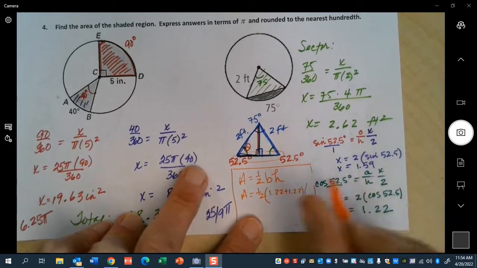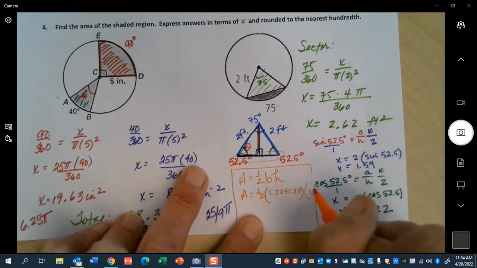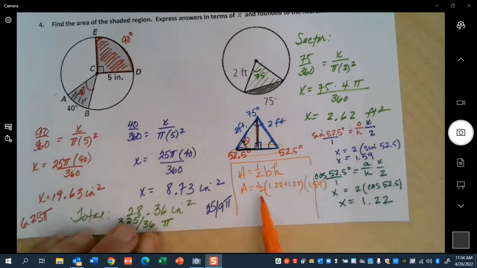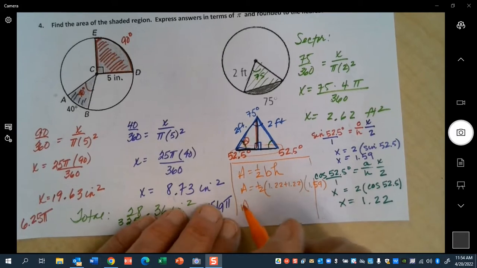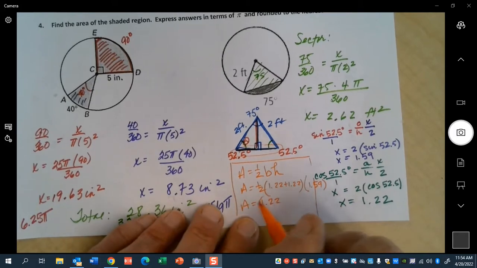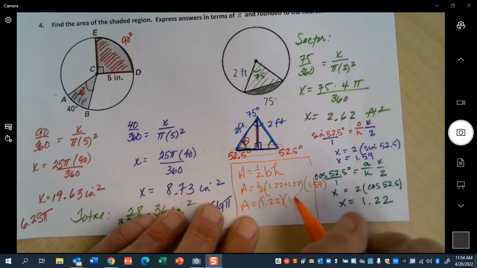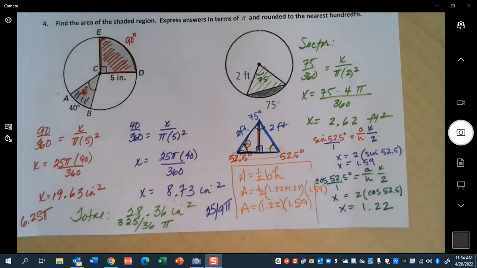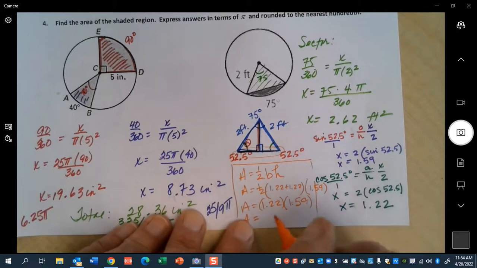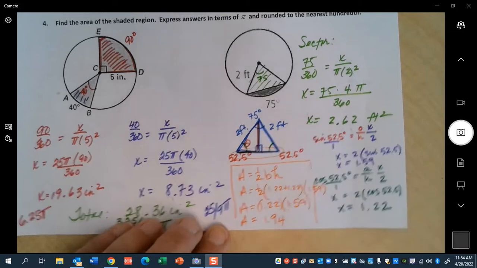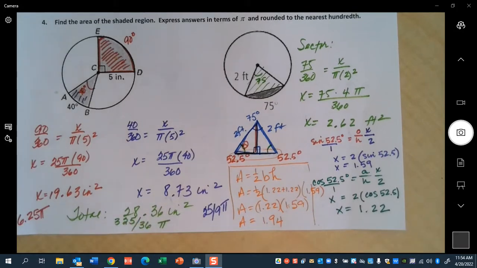How come? Because if it's 1/2 times this double, just have it be that 1. So area is equal to 1.22 times 1.59. So the area of my triangle is equal to 1.94.